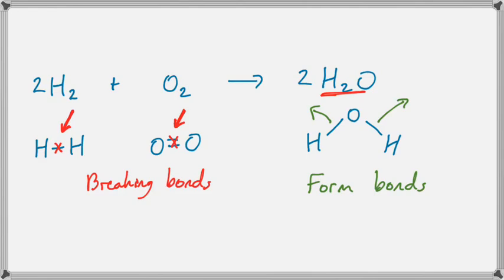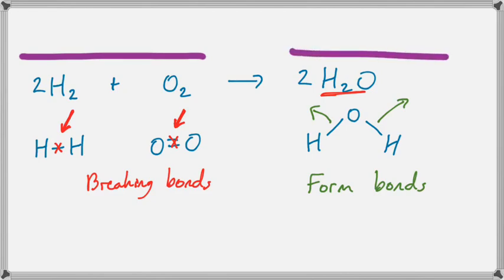I'll tell you this one is an exothermic reaction, but it's doing both, right? Technically over here on the reactant side, it is absorbing energy, and on the product side, it's releasing energy. The reason is because over here, it's absorbing, it's gaining a little bit of energy, but over here, it's releasing a lot of energy.